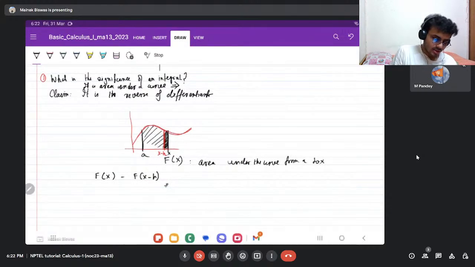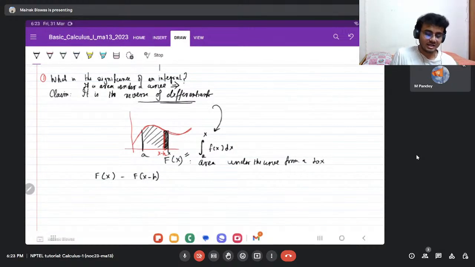We write this f of x as the integral from a to x of f of x. This is how we are defining it for the time being, and then we'll see why it is true. We have said it is the reverse of differentiation, so we are writing it as an integral. Agreed?